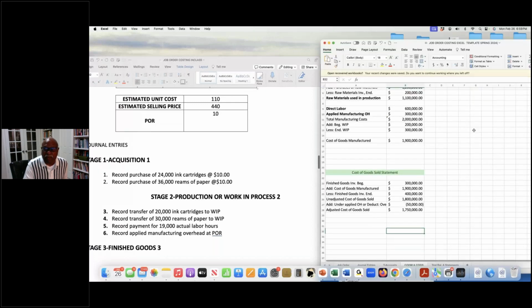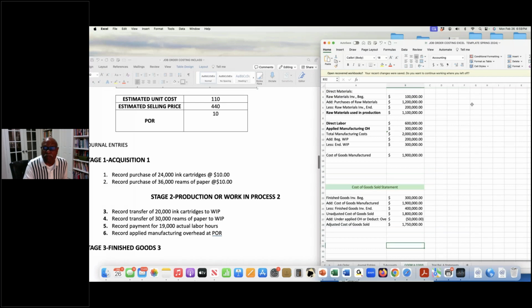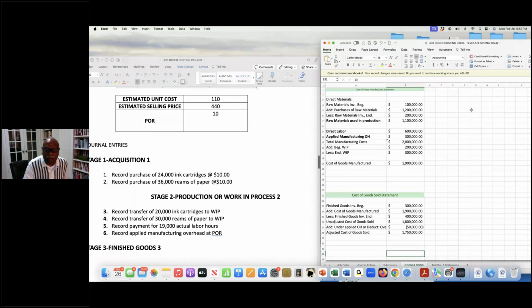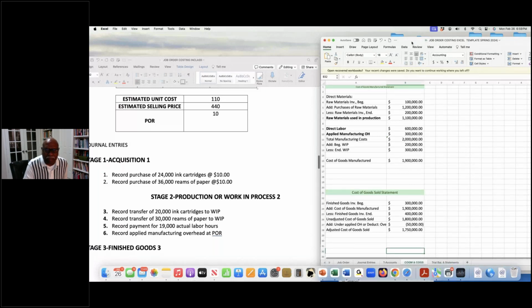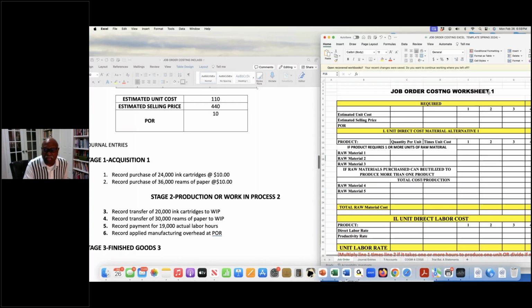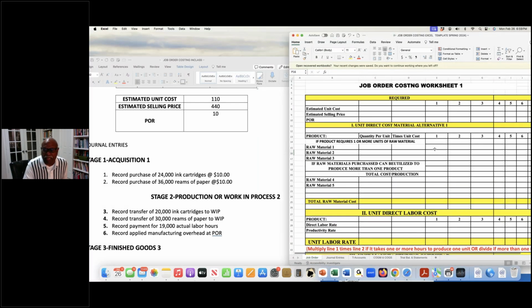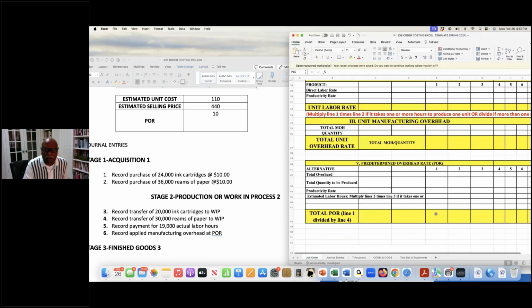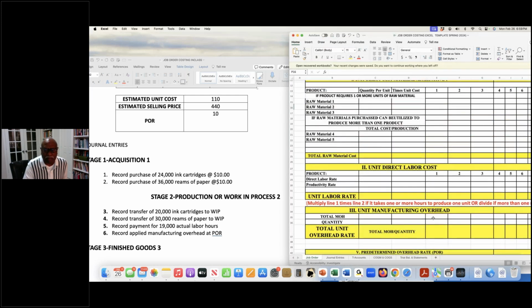But then, when you work this problem, you'll move over for that. So we've got the job order, and you should have done it on this sheet. As you're working through, you come in here and put the job order we calculated on here. You should be able to do it either way.